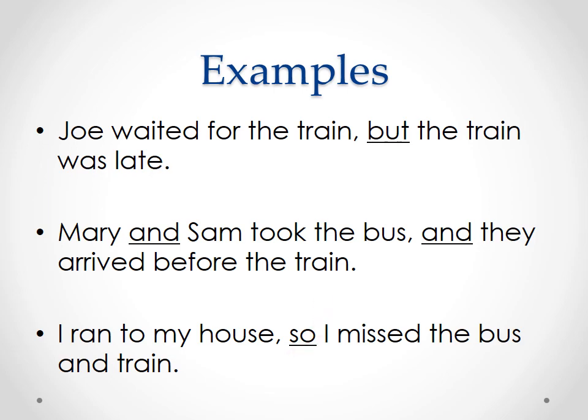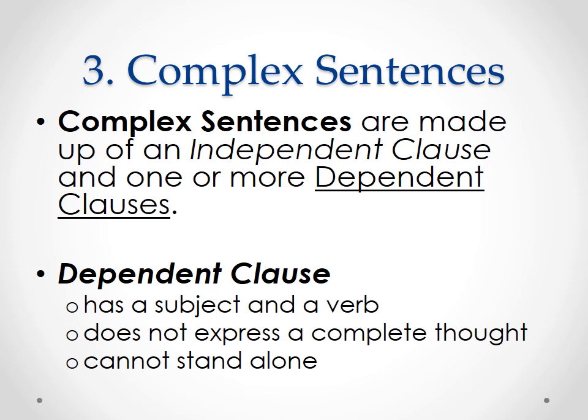So now next are complex sentences. What are complex sentences? Complex sentences are made up of an independent clause, which we have already read about, and one or more dependent clauses.